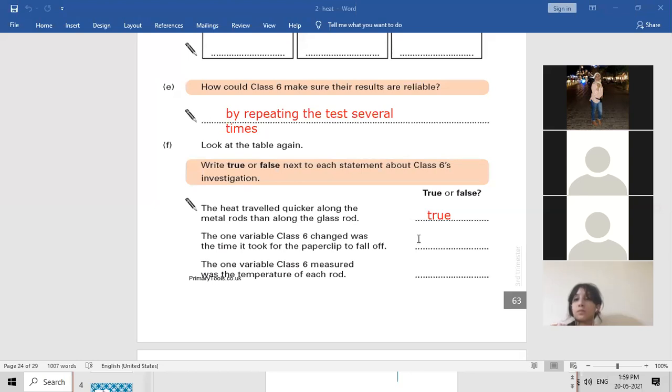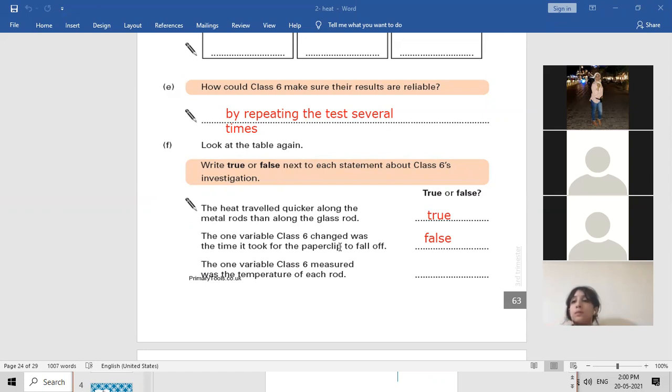It's going to be false, because they did not change that. That was the result. What they changed in the experiment was the type of rod. The only thing that they changed with their own hands is the type of rod. The time it took the paper clip to fall off is the result of the experiment. It's not something that they changed. Okay, the next one. Thank you, Judy.